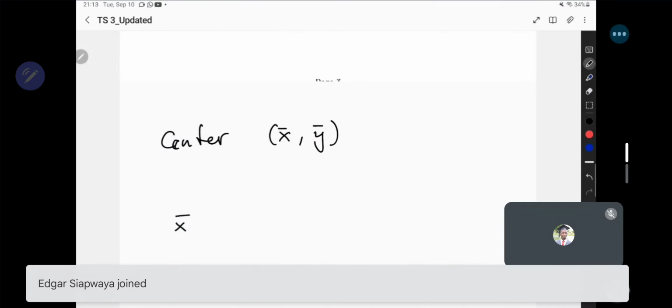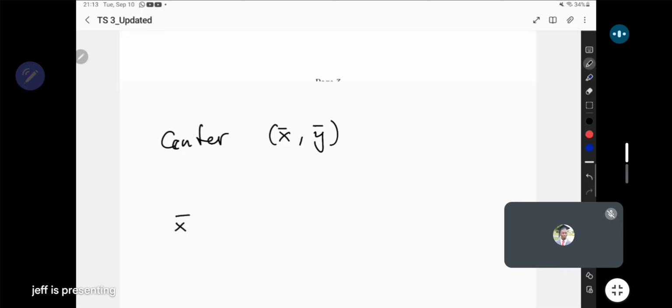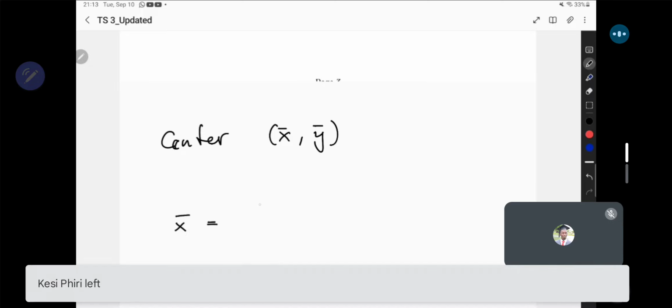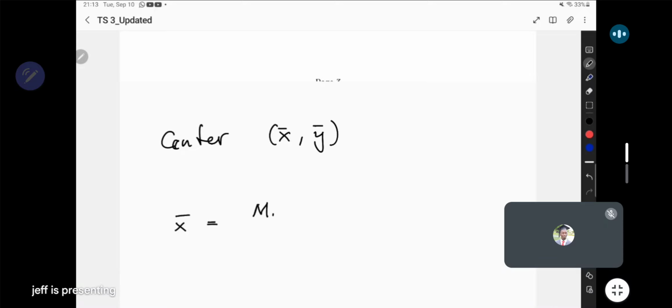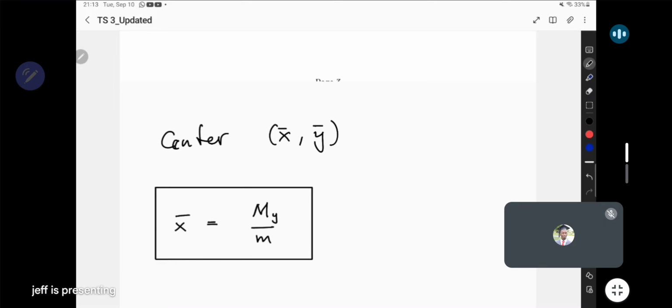that, which is if you're trying to get the x coordinate, so the x coordinate will be equal to the moment about the y-axis over the total mass m. So this is how you get the x coordinate of a mass.